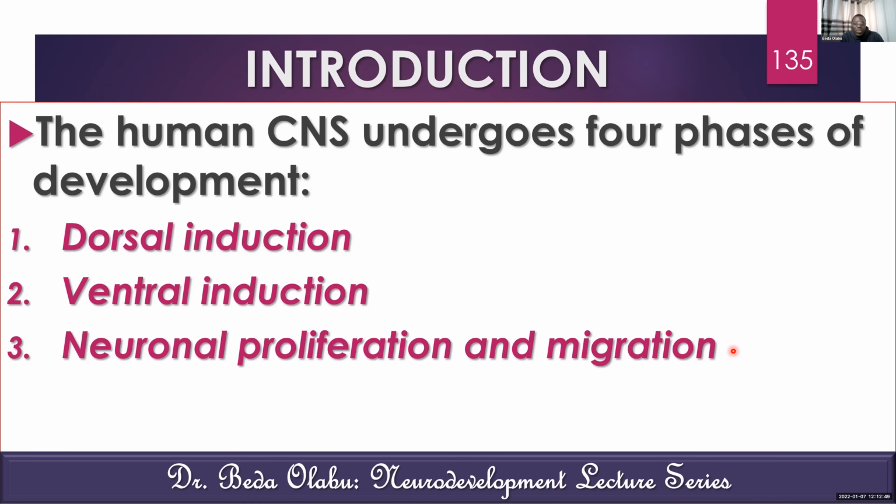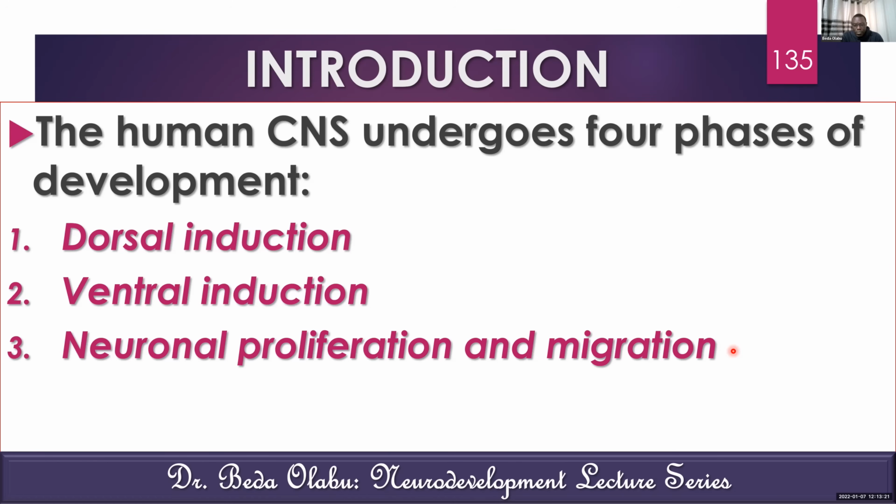So basically, neuronal proliferation and migration is a process of cortical development, development of the cerebral cortex. And we saw in previous lectures that there are multiple waves of migrations of neurons, and that the earlier migratory waves take deeper zones of the cortical plate, and later migratory waves take superficial zones of the cerebral cortex.